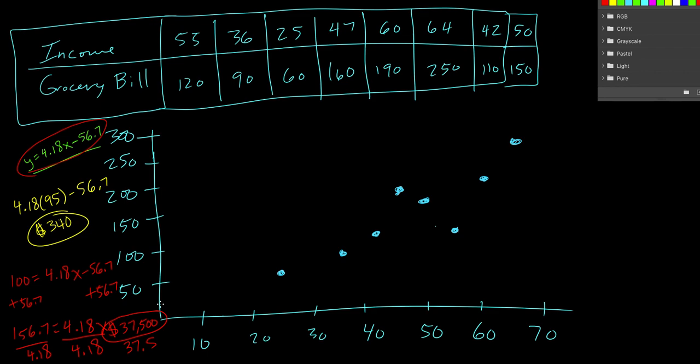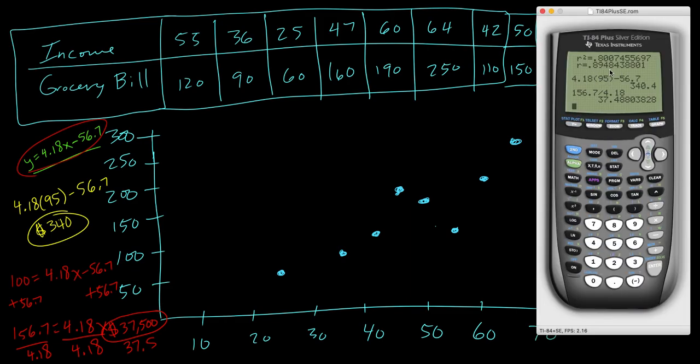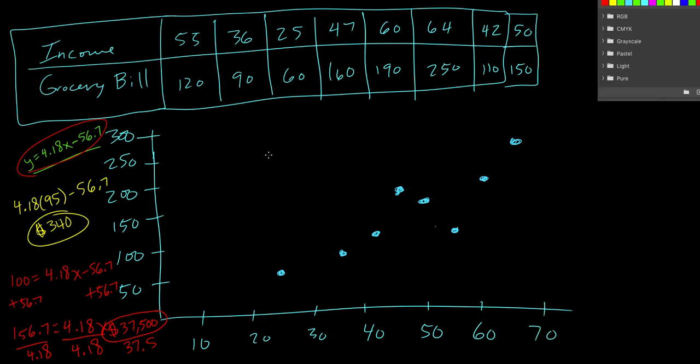Okay, and then F, comment on whether the estimates in D and E are likely to be reliable. I would say based on our R value, so that's what I would actually look at. Our R value was 0.89.